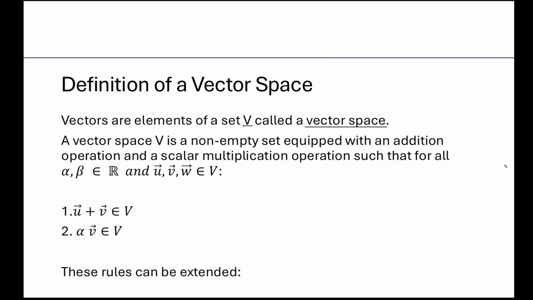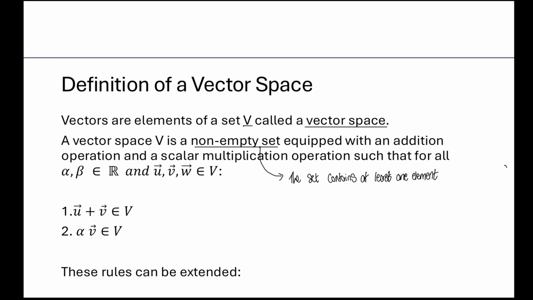So we have the vector u plus the vector v, and when we do that we still get a vector in this vector space V, and we get another rule which is alpha multiplied by the vector v will still be in this vector space. So a non-empty set, if you are wondering, just means the set contains at least one element.